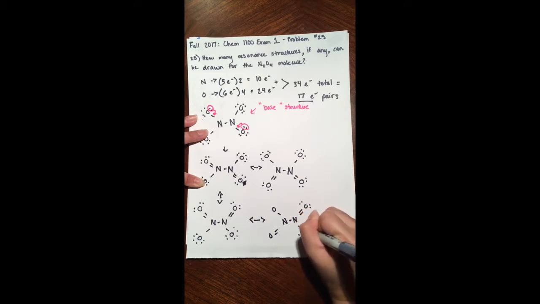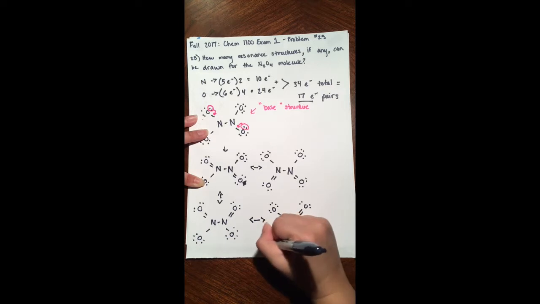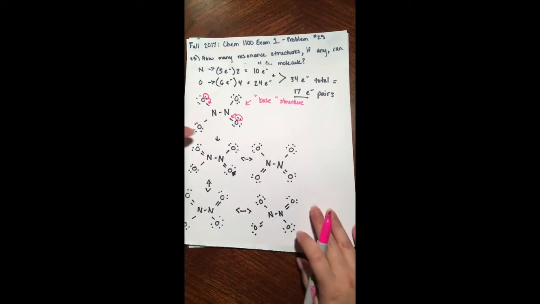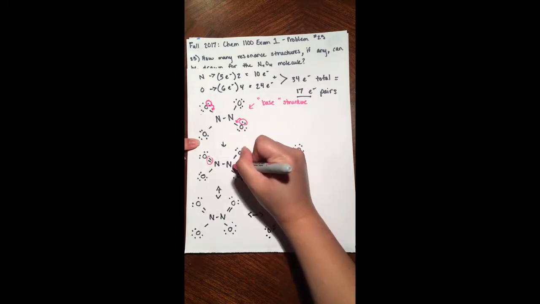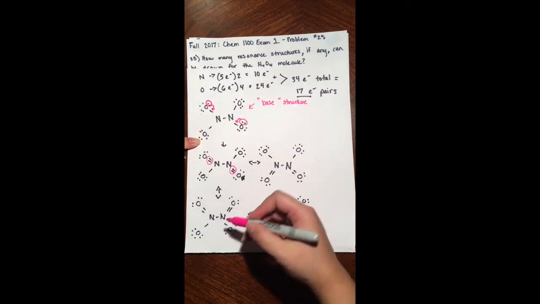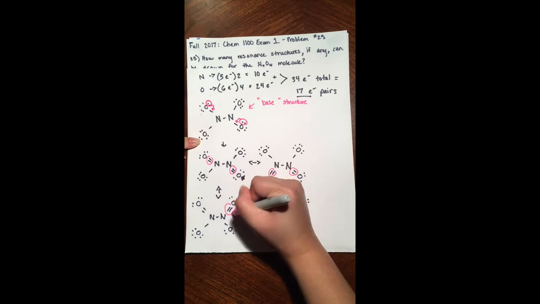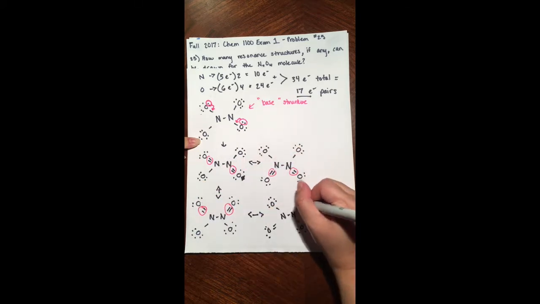Again, complete your octets. So now you can see that these double bonds have shifted. When they're in this diagonal, they can be in the same plane, in the same direction here. They can also be at the upper oxygens, and they can also be in this diagonal this way.